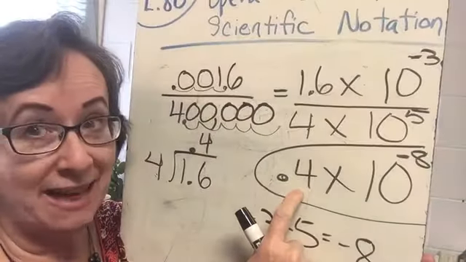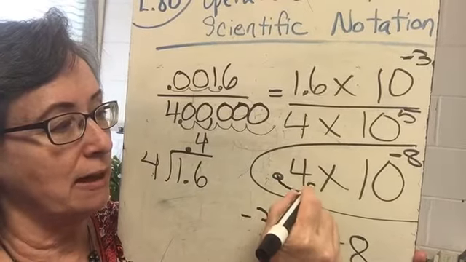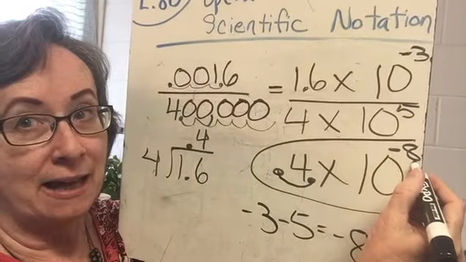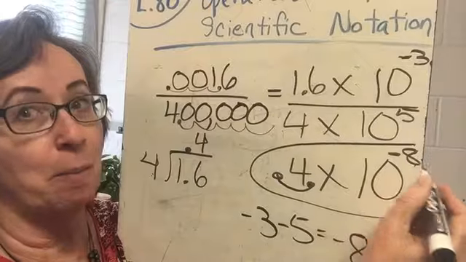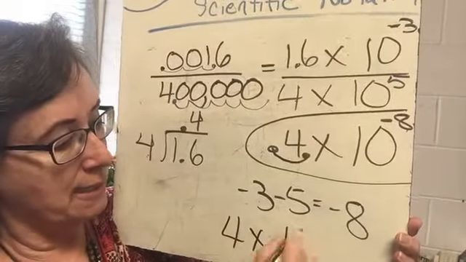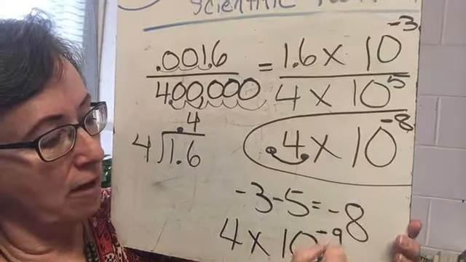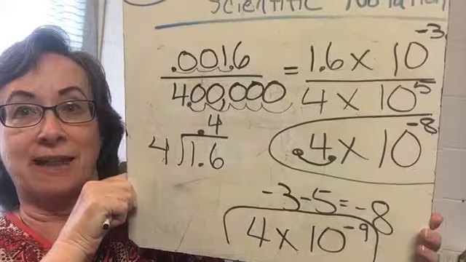So that's not right yet. We're going to have to move this decimal 1 place here and move this exponent 1 place backwards. So that's going to be negative 8 minus 1 is negative 9. So 4 times 10 to the negative 9 will be our final answer to that division problem.